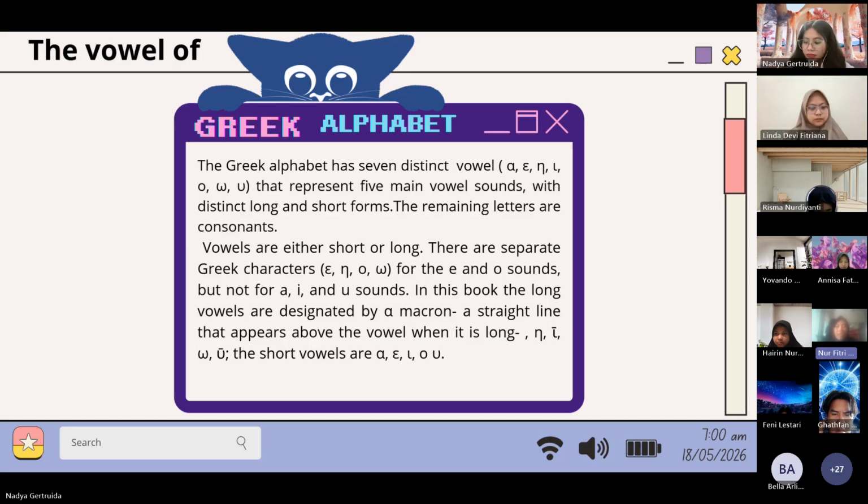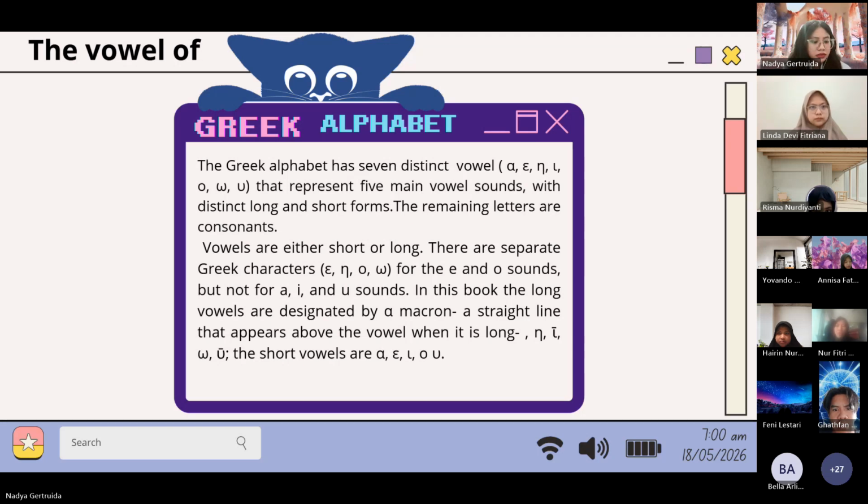For the long vowel sounds, the long vowels are defined by a macron, a straight line over the vowel.